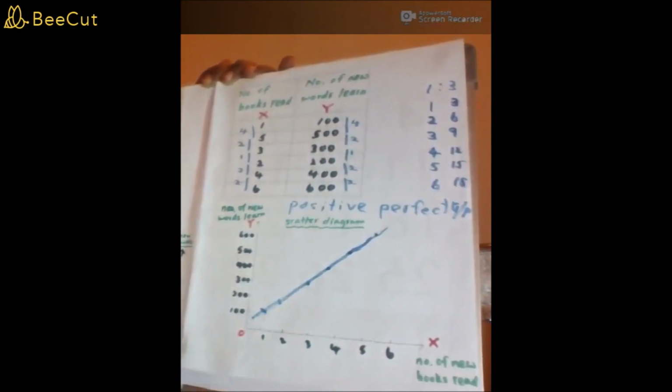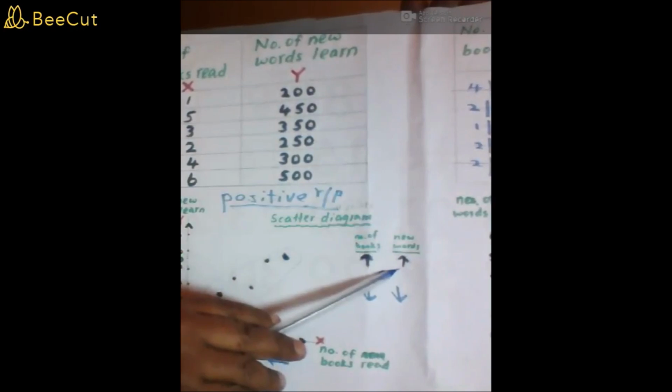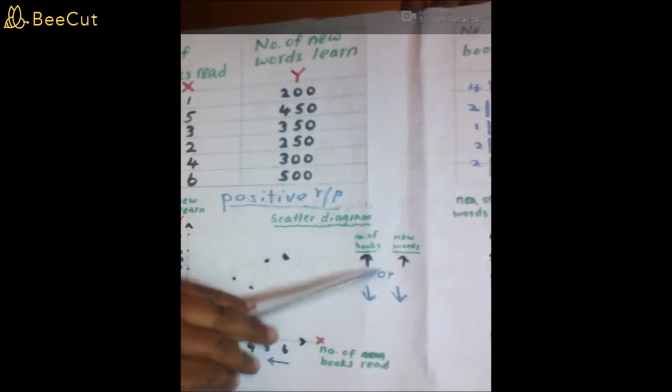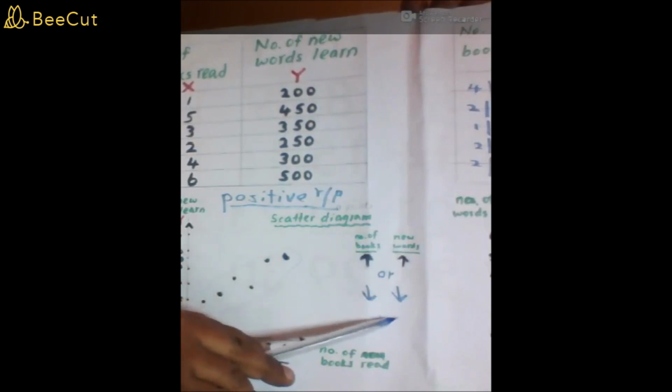Alright. When one variable increases, the other variable also increases, maintaining the same ratio. That's a perfect relationship. So what's the positive relationship? How would you define it? When one variable increases, the other variable also increases, or when one variable decreases, the other variable also decreases.